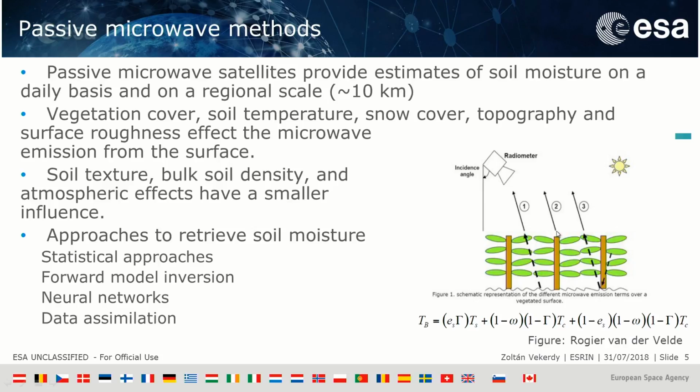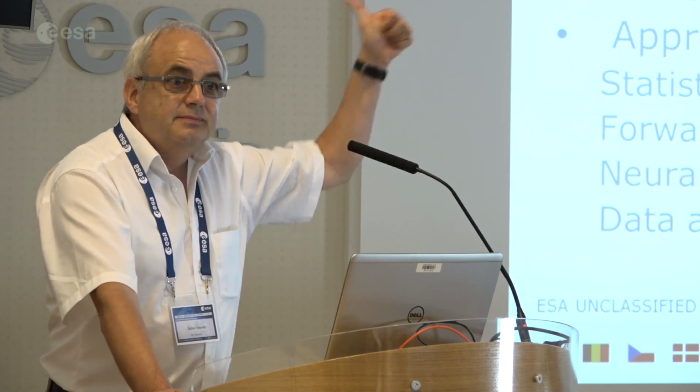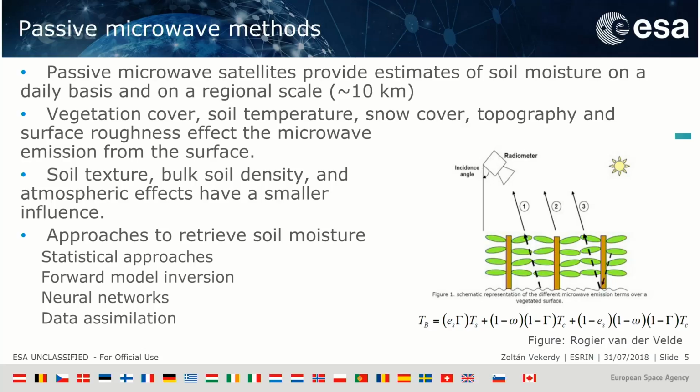But you also measure the emitted energy from the canopy top, that is 2. And you also measure energy which originated from the canopy, interacted with the soil, and reflected towards your antenna. So you measure a very complex signal, and what you measure is one value from that complex signal.